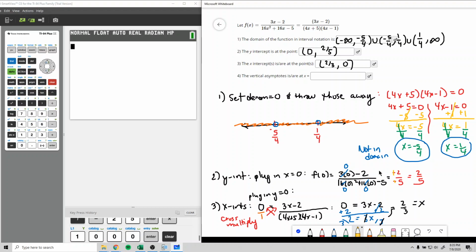Now the last thing, the new thing, the vertical asymptotes. These are actually the same numbers where the domain is not included, where the denominator equals 0. We actually did it without saying we did it. Even though we could solve this again, there's no reason to, because vertical asymptotes are where the denominator equals 0 and the numerator does not.